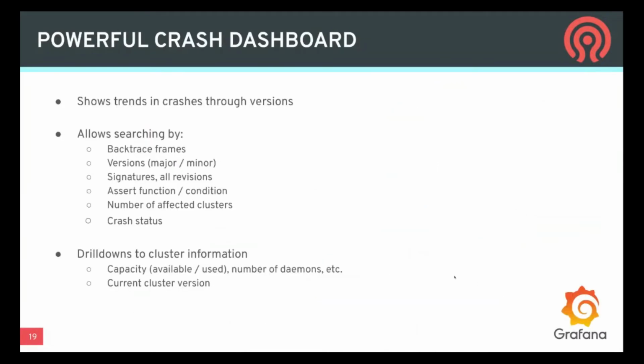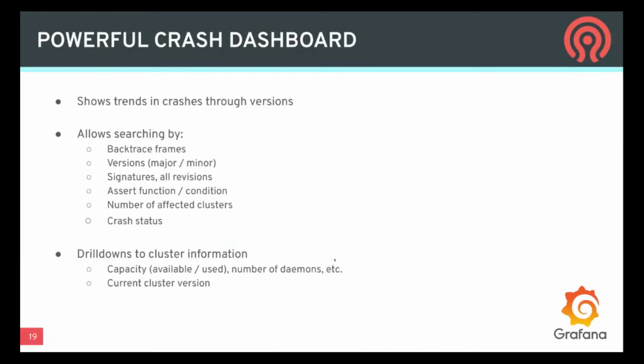All right, so we have powerful crash dashboards. They allow to discover trends in crashes versions. It allows searching by backtrace frames, by versions, either major or minor, all revisions of signatures, the assert function and condition, number of affected clusters, and to see the crash status.